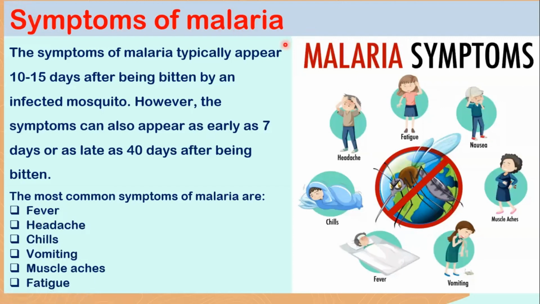Symptoms of malaria. The symptoms of malaria typically appear 10 to 15 days after being bitten by an infected mosquito. However, the symptoms can also appear as early as 7 days or as late as 40 days after being bitten. The most common symptoms of malaria are fever, headache, chills, vomiting, muscle aches, and fatigue.